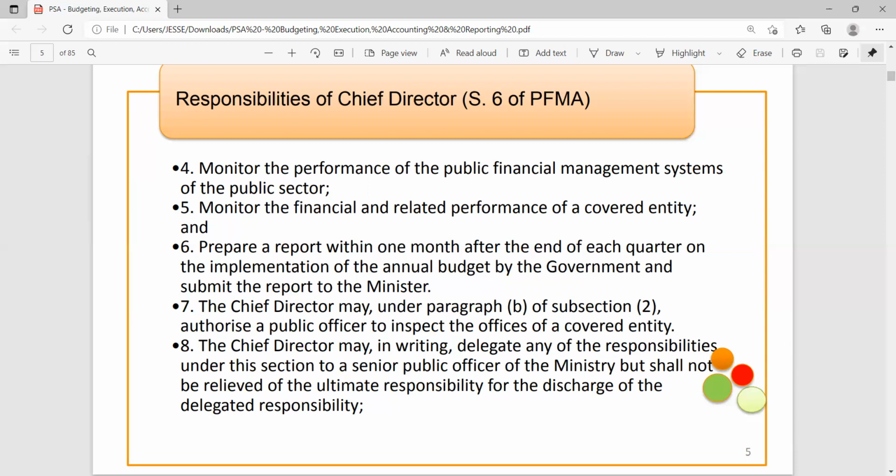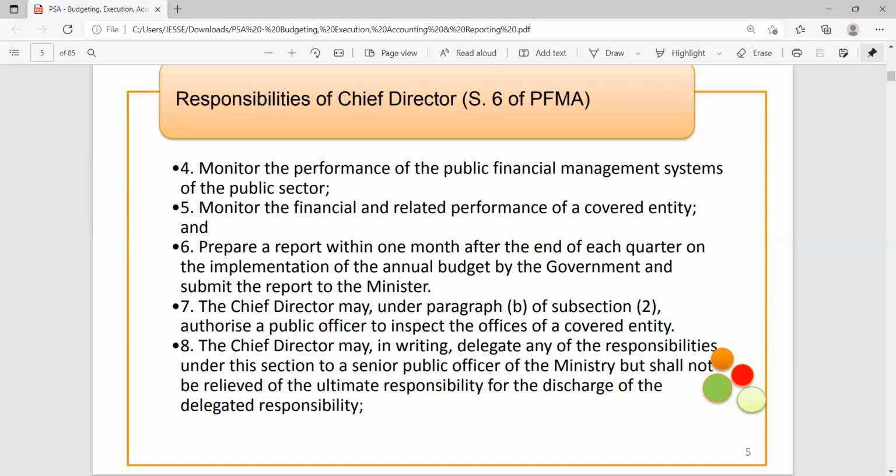Number 8, the chief director may in writing delegate any of the responsibilities under this section to a senior public officer of the ministry, but shall not be relieved of the ultimate responsibility for the discharge of the delegated responsibilities. So the chief director also has delegatory powers, just like the minister of finance.